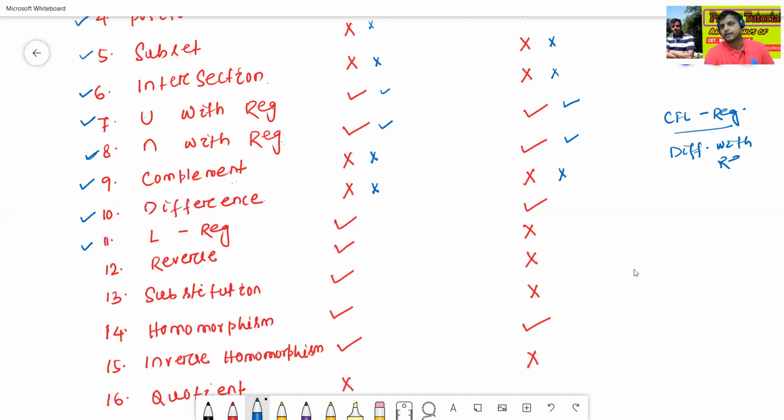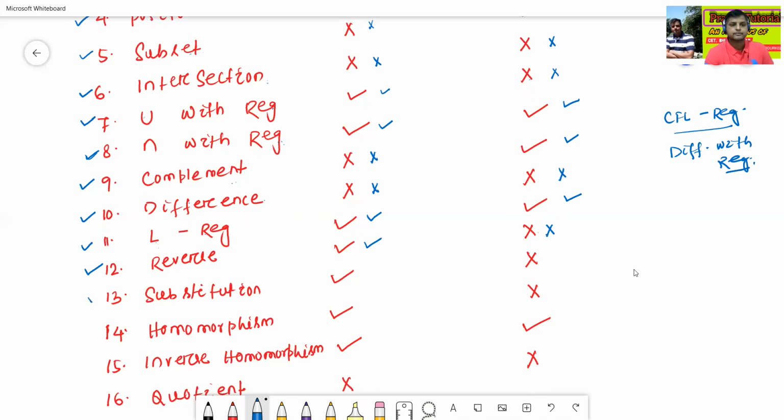Difference with regular is closed under context-free language and is also closed under DCFL. Then reverse. The reverse operation is closed under CFL and is not closed under DCFL.